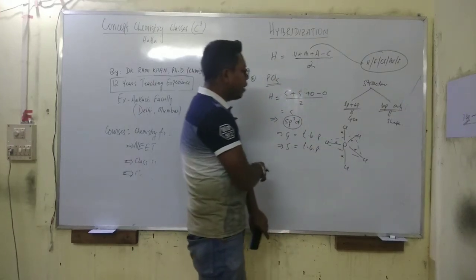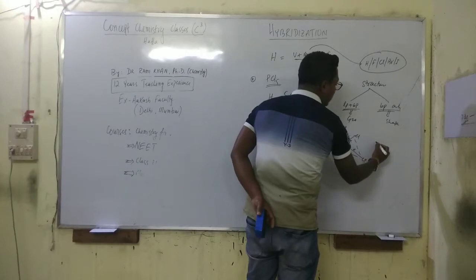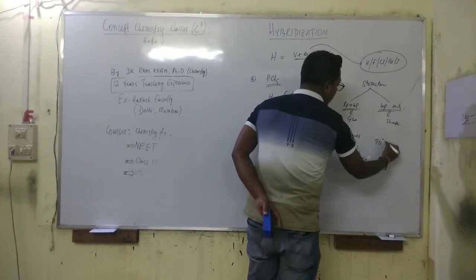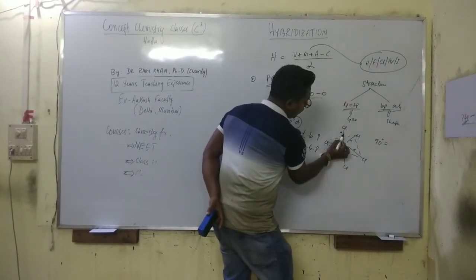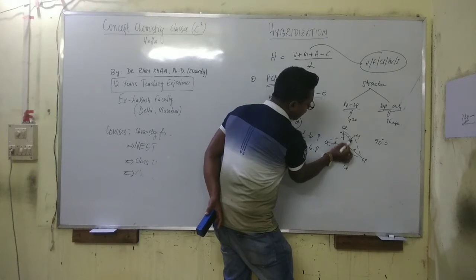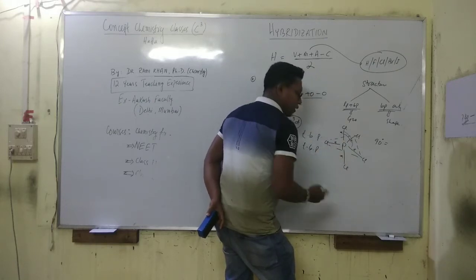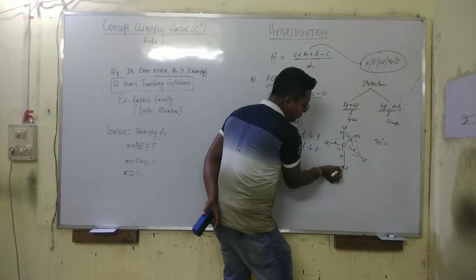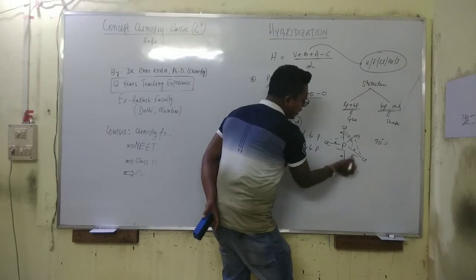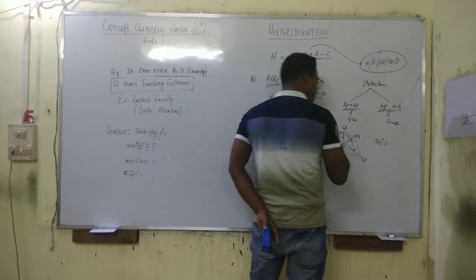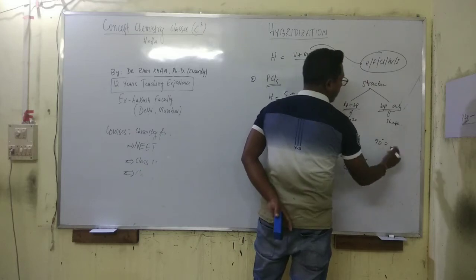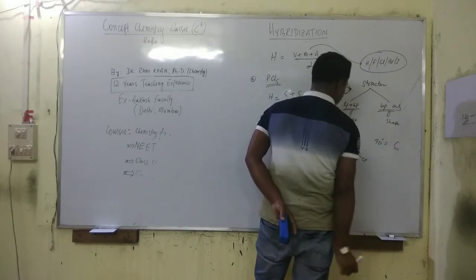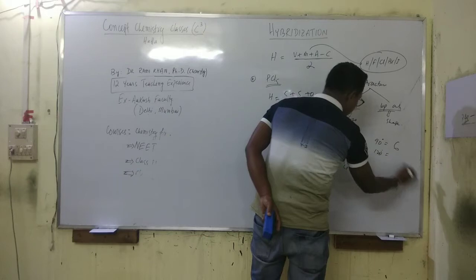In PCl5, how many angles? How many 90-degree angles are there? This angle will be 90 degree, this angle will be 90 degree, this is 90 degree. Similarly, this axial chlorine will form 3 90-degree angles. So in 90 degree, how many angles are there? 6. In 120 degree, how many angles are there?